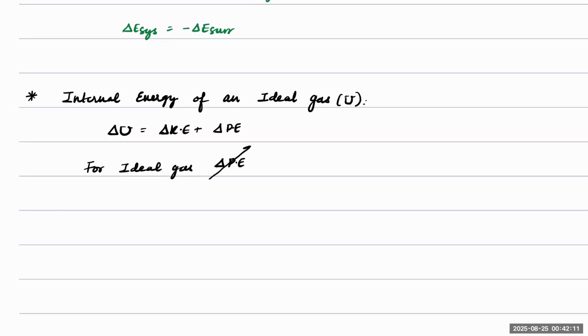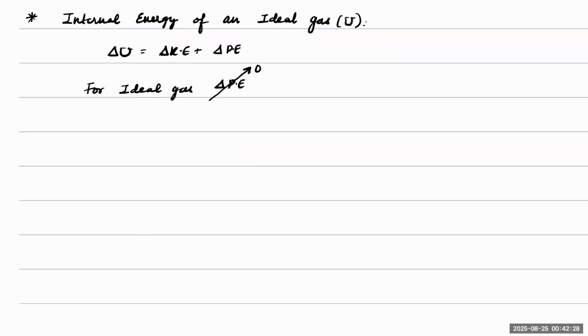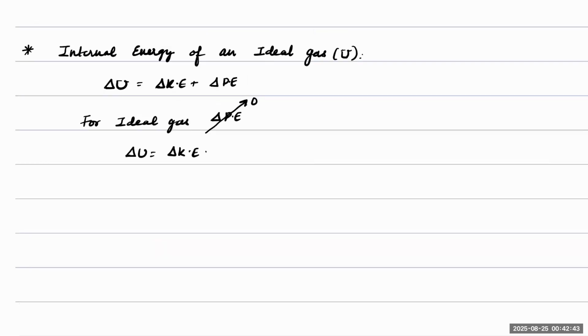In fact, there is no strong interaction, or in fact no interaction between the particles in the ideal gas, which makes the change in potential energy zero. If that is zero, then delta U will be equal to delta of kinetic energy. Correct?